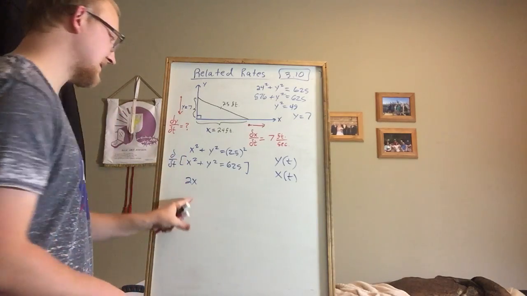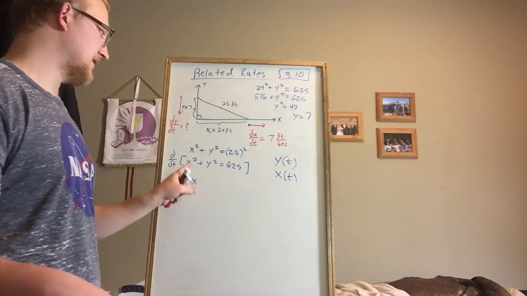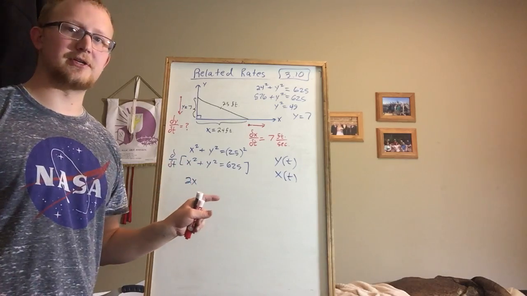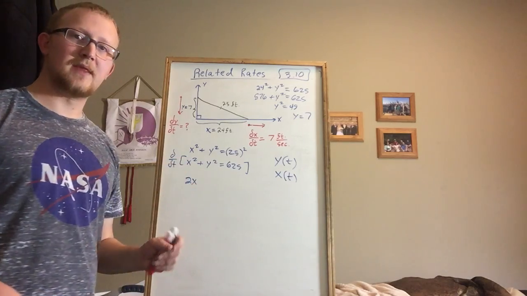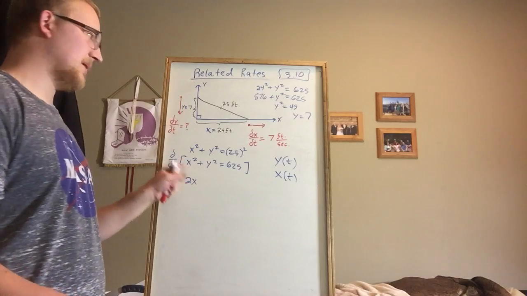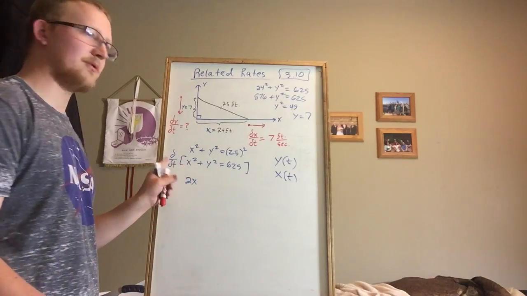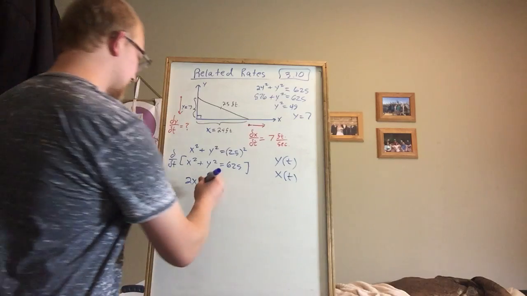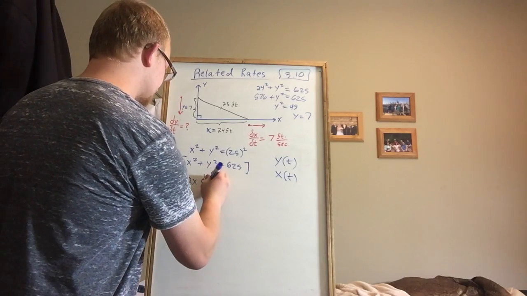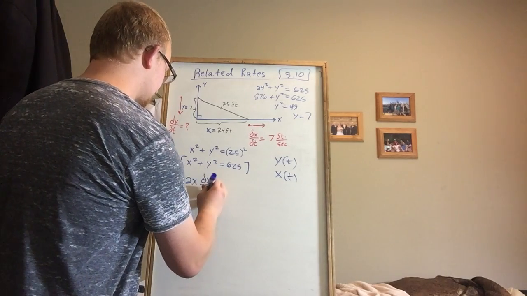And so because x is a function of t, we took the derivative of the outer function, which was x squared. But because x is dependent on t, we have to respect the chain rule and take the derivative of the inner function. And the derivative of the inner function is dx/dt.